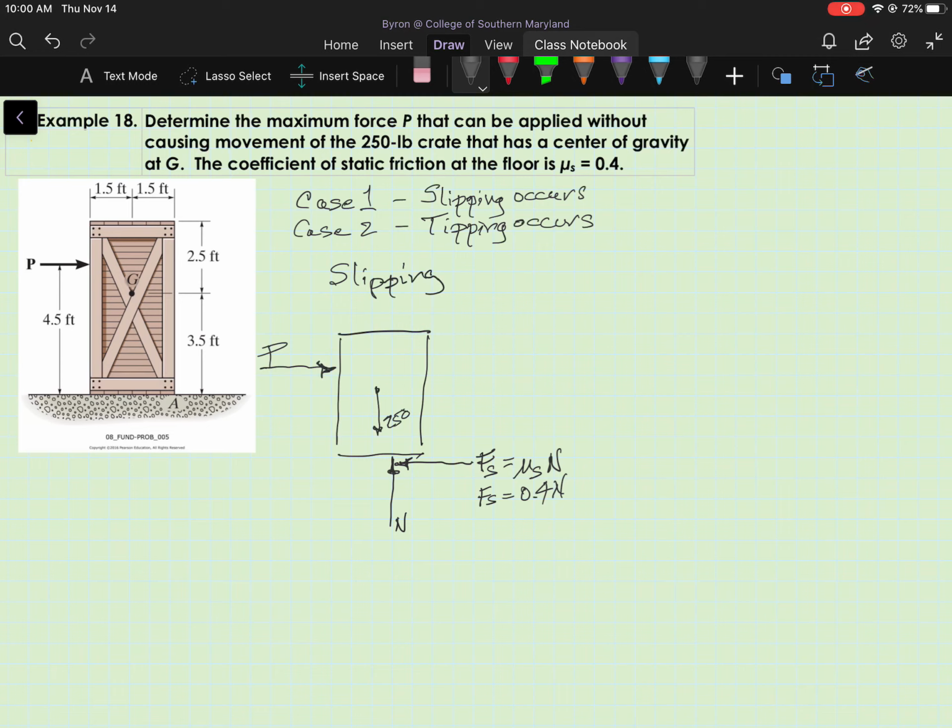Now I didn't put any dimensions on here because we won't need to write a moment equation to solve for P here. We can sum forces in the y direction.